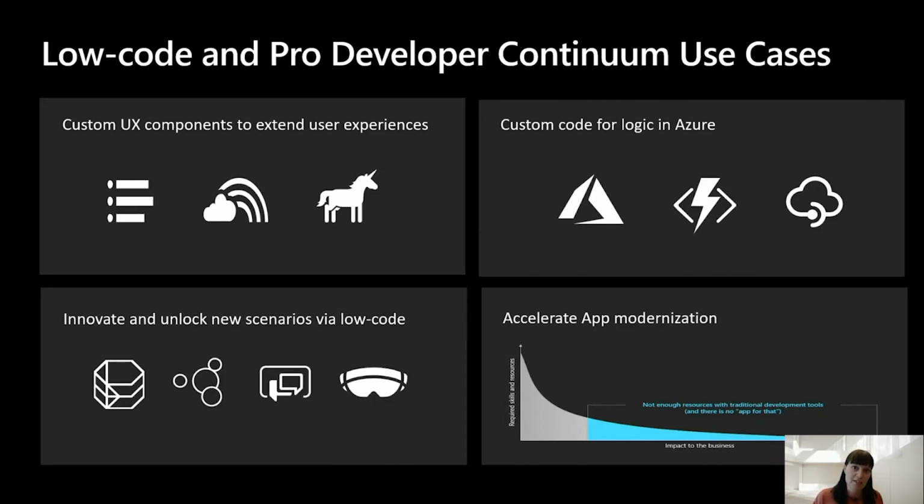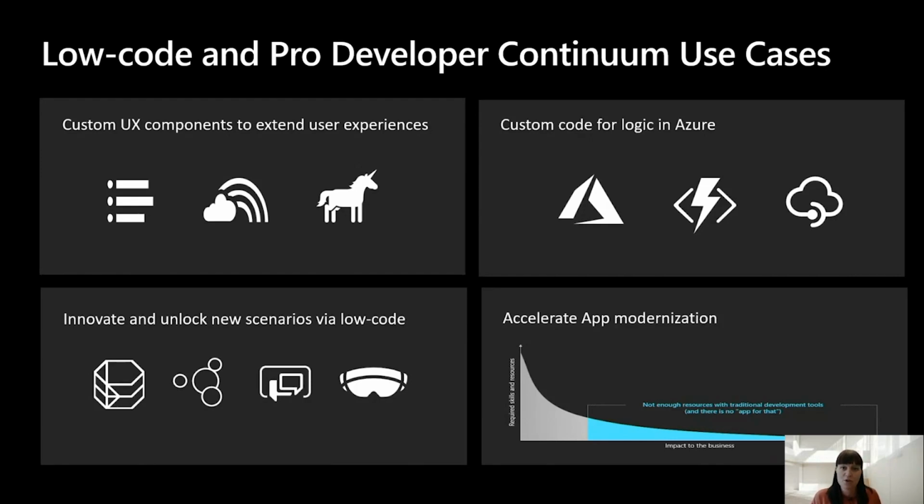You have other functionalities like native AD integration. You have RBAC support out of the box. You have data loss prevention and policies you can set up. All that kind of work that you otherwise would have to build from scratch, you just get out of the box with the Common Data Service. So you can choose to either use our UI or build your own UI on top. But think about the building blocks you can leverage.